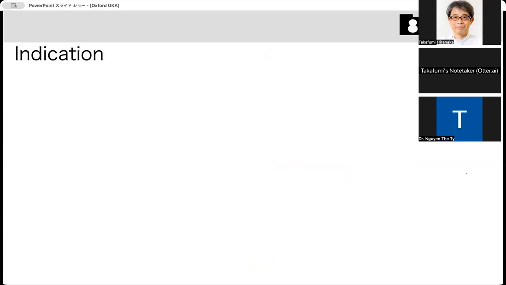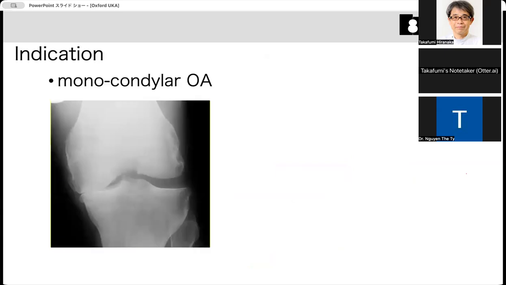The indication is slightly different between the fixed bearing and mobile bearing. In the mobile bearing it is very straightforward. So, this is a mono-condylar osteoarthritis. Medial only or lateral only osteoarthritis.